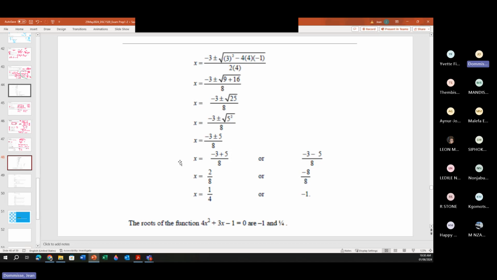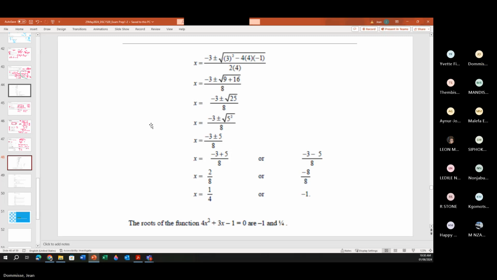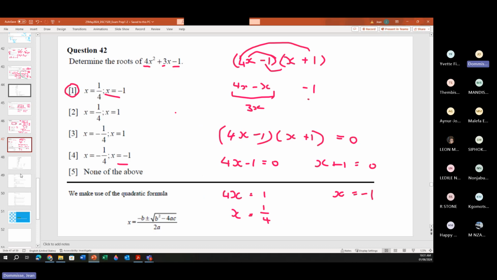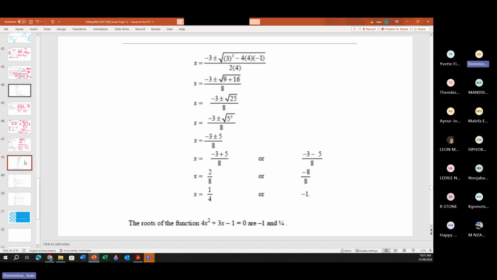You can use it, and you will get the same answers. It's not that you will get different answers. So if you guys are more comfortable using the roots formula, by all means, please do. That is why those formulas are there, for the ones who want to use them.